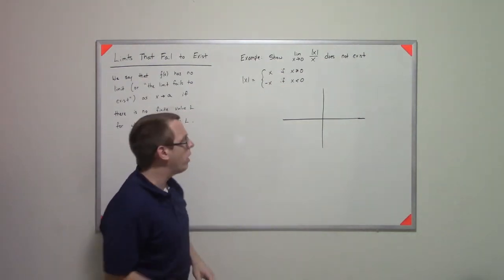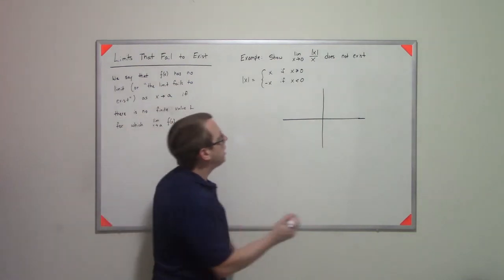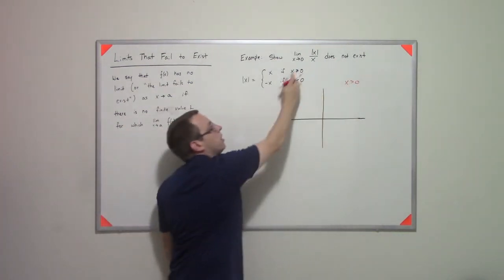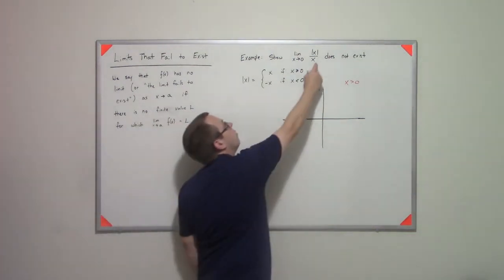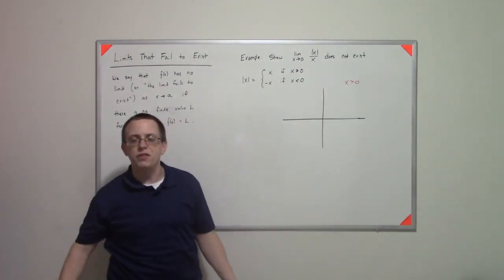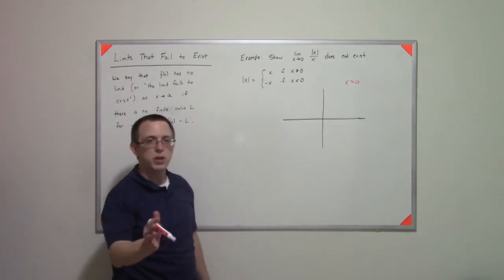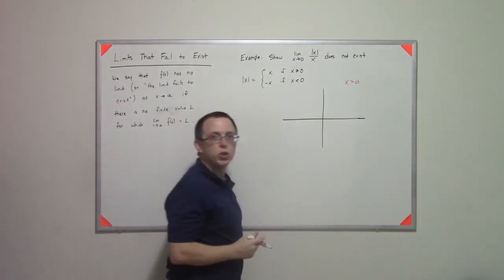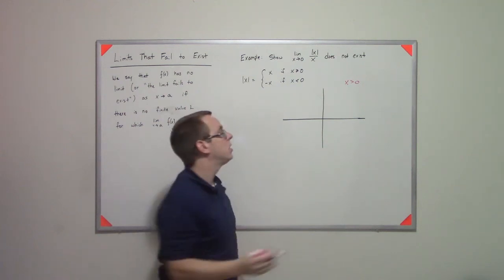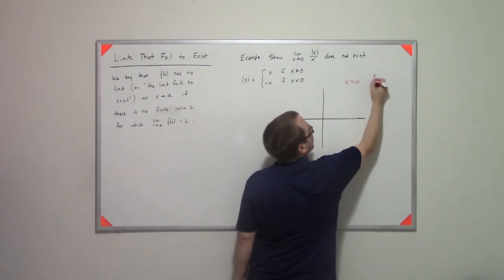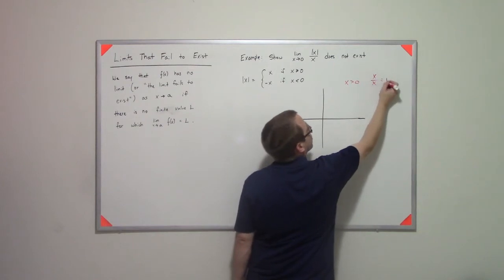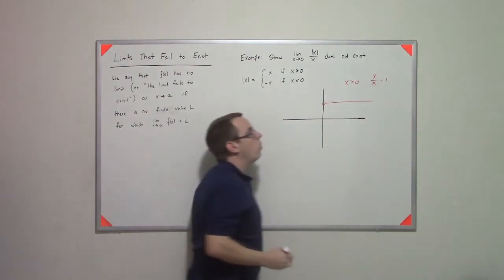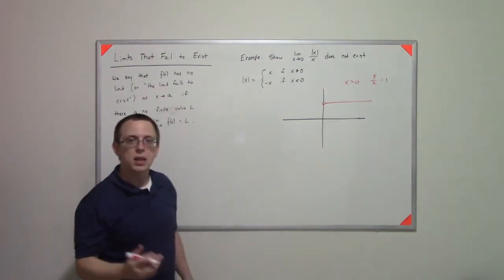Why does that matter? Well, in the case where x is greater than 0, and we're not going to consider the case where x equals 0 because that's not defined there since we're dividing by it, the top and the bottom are just x. The top is x, the bottom is x, so that's 1. No matter what x is, that line is equal to 1.